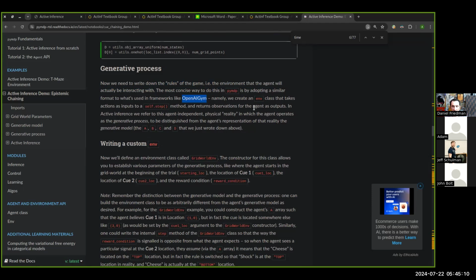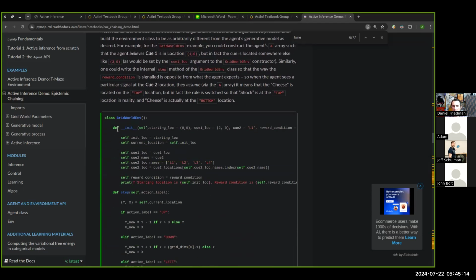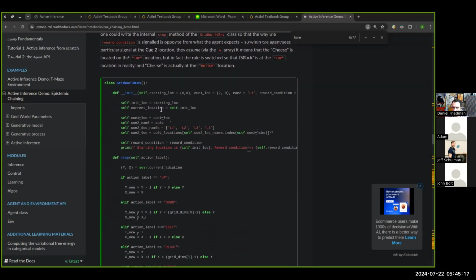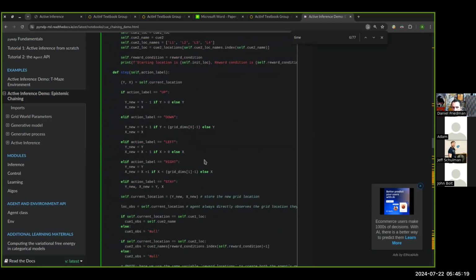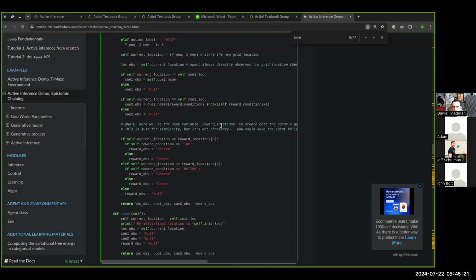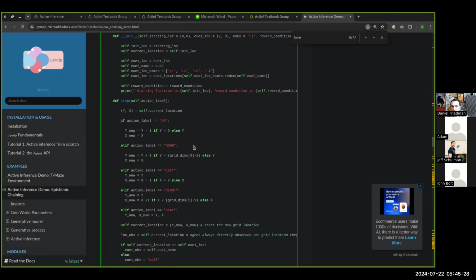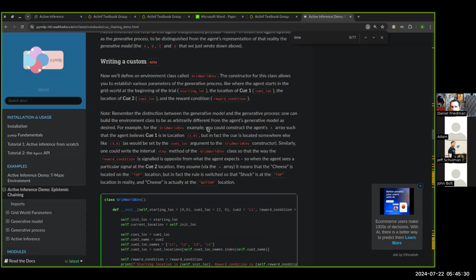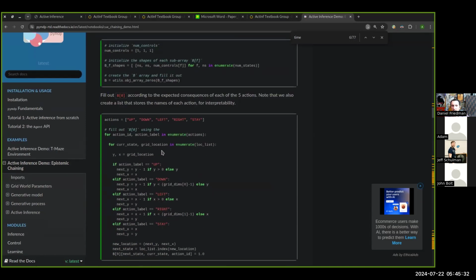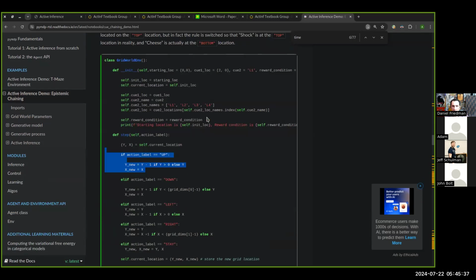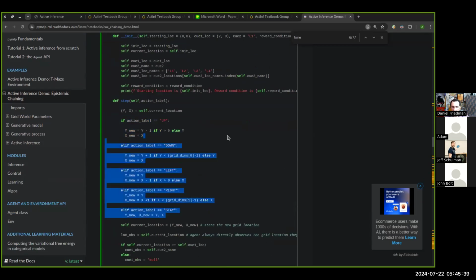So we defined the agent in terms of A, B, C, D, and then they write this grid world environment example, which we can look at in more detail, but this actually is the consequences of action. Whereas before, when we were defining the agent, this is its beliefs about what action will do. And then here are the actual consequences of choosing actions.